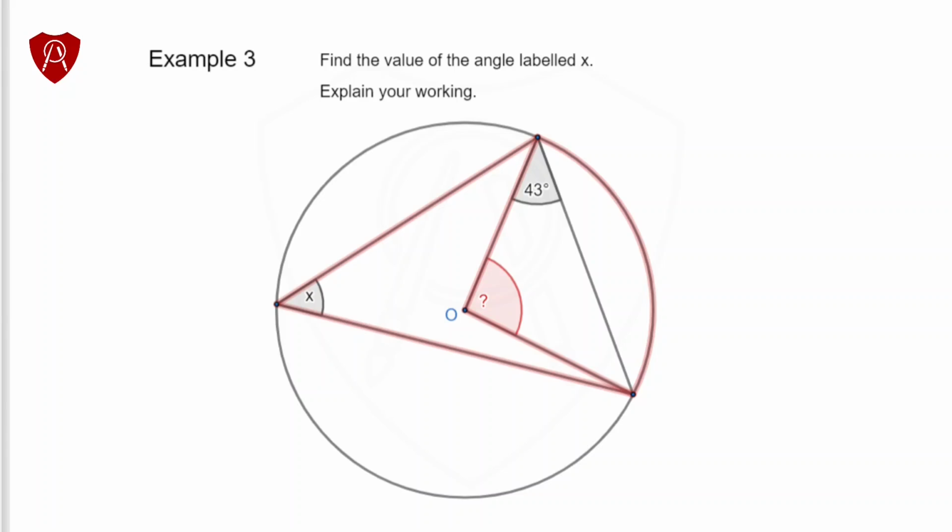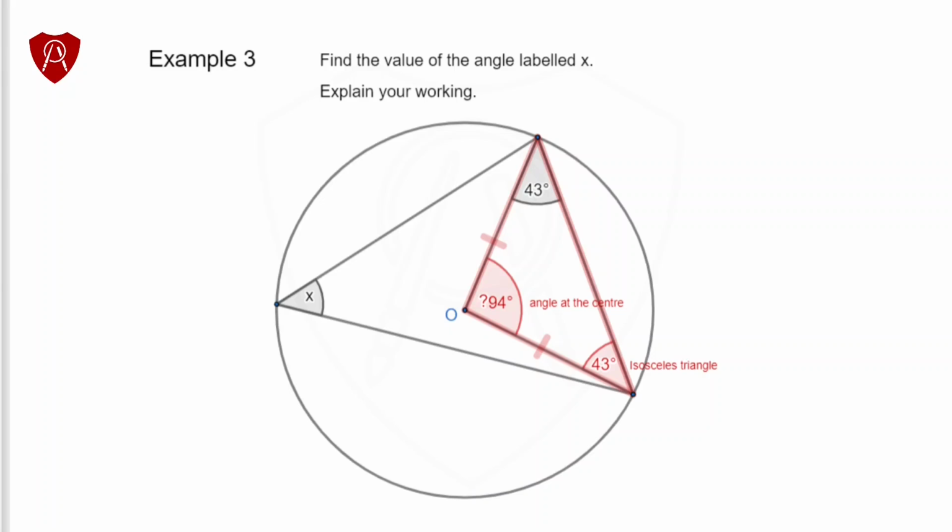The key lies in recognizing this isosceles triangle. Because these two are radii, they are equal. Therefore, the angles opposite each radius are both equal to 43 degrees. So now the angle at the center is 94 degrees because the angles in a triangle must add up to 180 degrees.